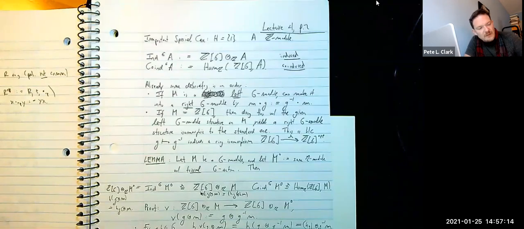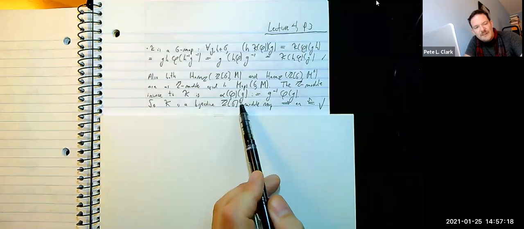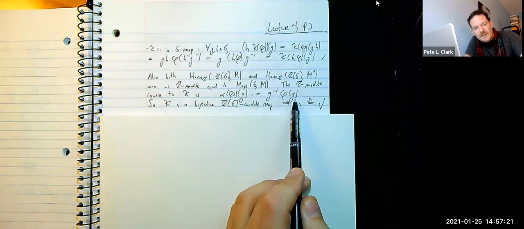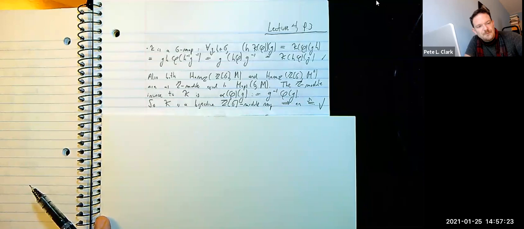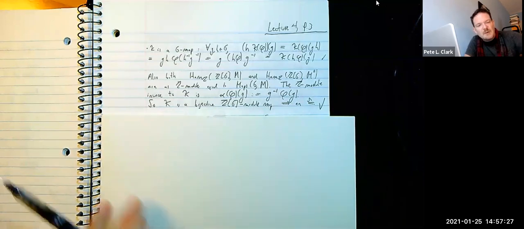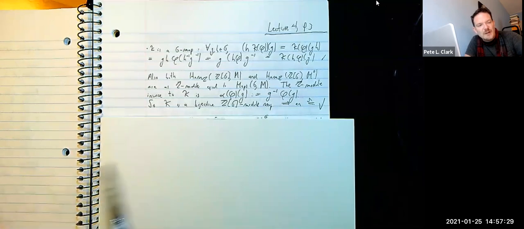This map was sending phi to G of phi G inverse. So it's plausible that its inverse should send phi to G inverse of phi of G. And so you check, again, just at the level of abelian groups. And then now, we do this uncategorical but correct thing.